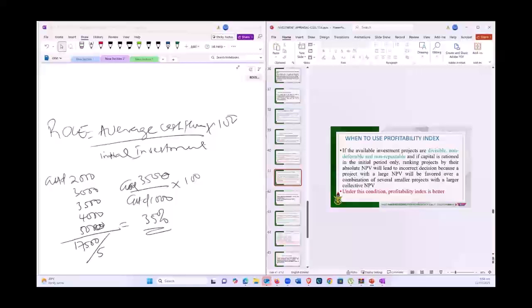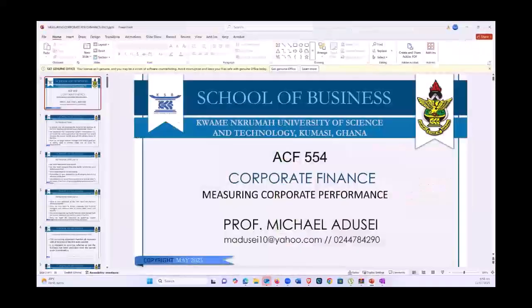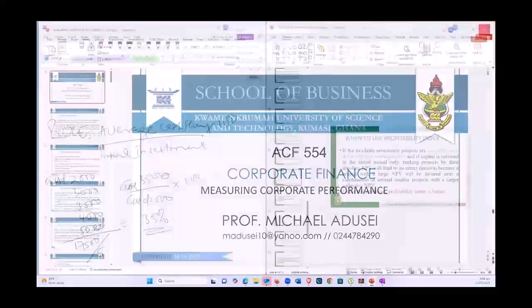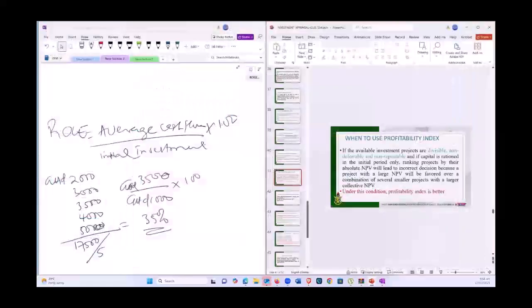Okay. So measuring financial performance, our time is up, right? So next week we are meeting again. This one is for the whole country. Both Kumasi and Accra, we are meeting again.